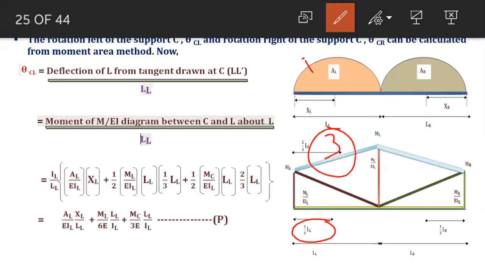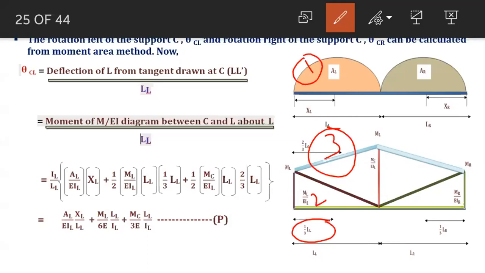So very easy: three areas and their centroidal distances. First one is AL into XL, plus the second, half into ML by EIL into the length of the span into its centroidal distance, plus the third diagram, MC by EIL, LL into 2/3 of LL.